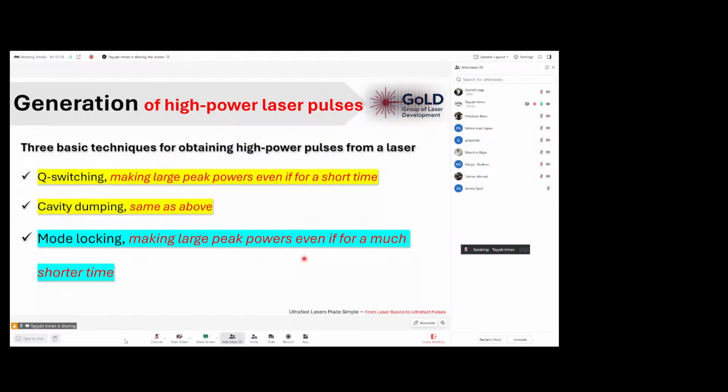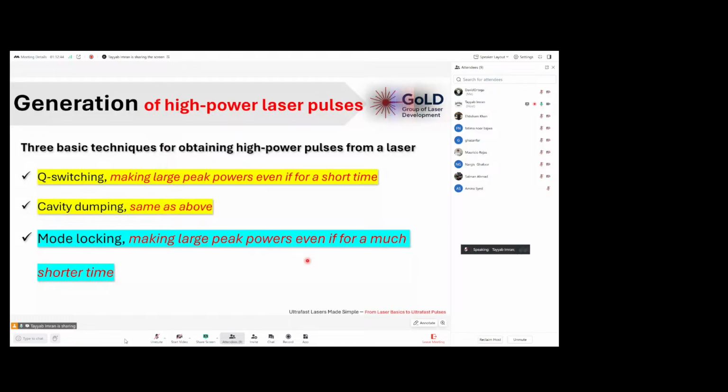And the third one here is mode locking. Mode locking gives you short pulses. It generates the pulses in a very, very short interval of time, much shorter as compared to the Q switch. Much shorter means femtosecond pulses, the shortest.